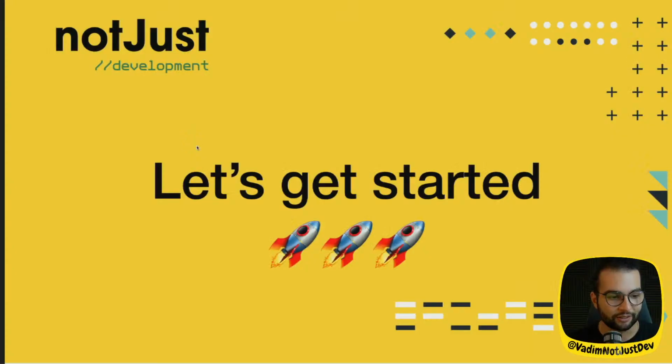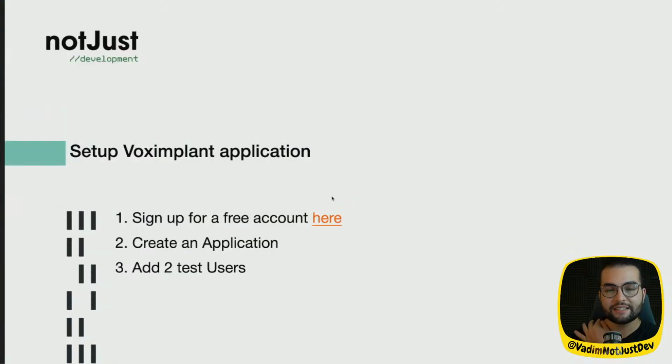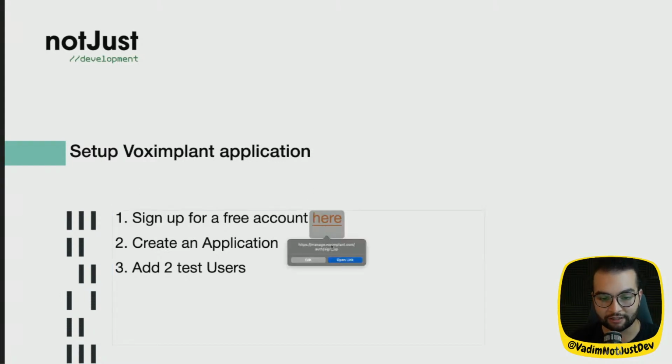All right, so because we have a lot of things to do today, I would suggest to get started. So the first step is to set up our Voximplant application in the cloud. For that, we are gonna have to sign up for a free account for Voximplant here. Let's open the URL now.